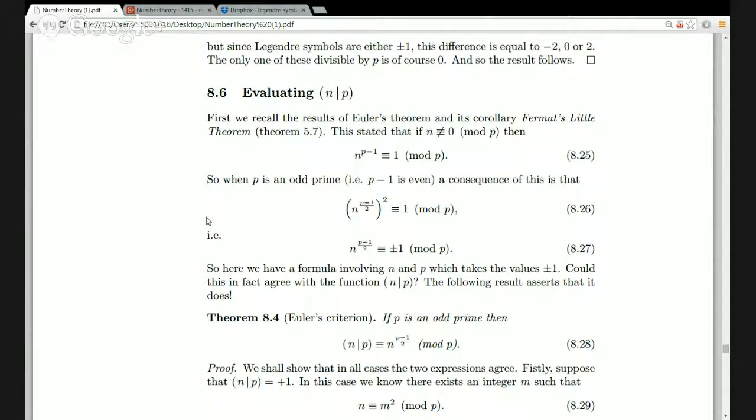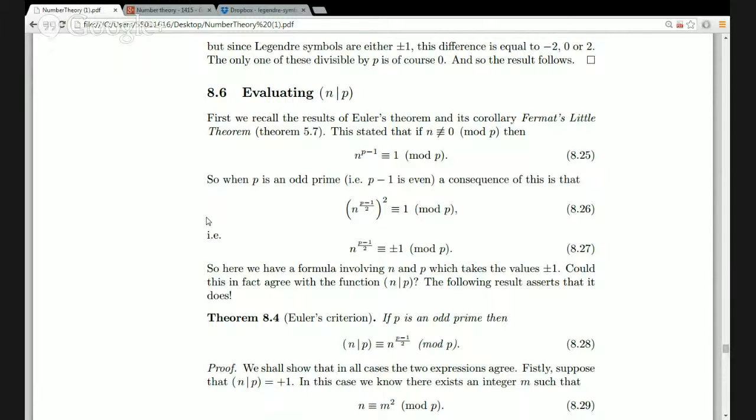Now, we can take the square root of both sides, because (p-1)/2 is an even number, because remember, in all of this, p is always an odd prime. We can instead raise n to half of that power p-1. That's still an integer. And we know how to take a square root of 1.